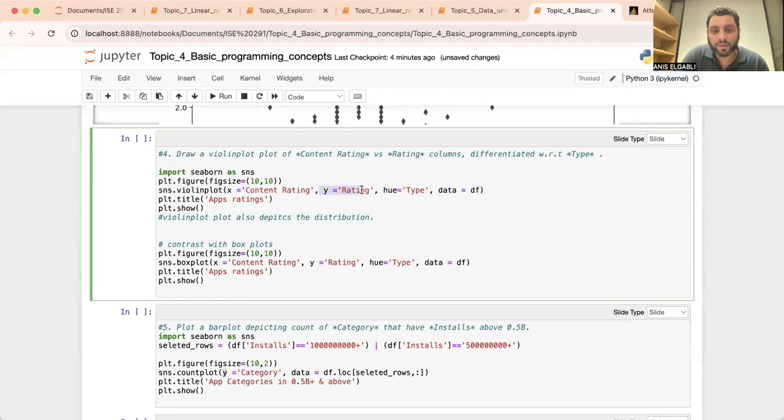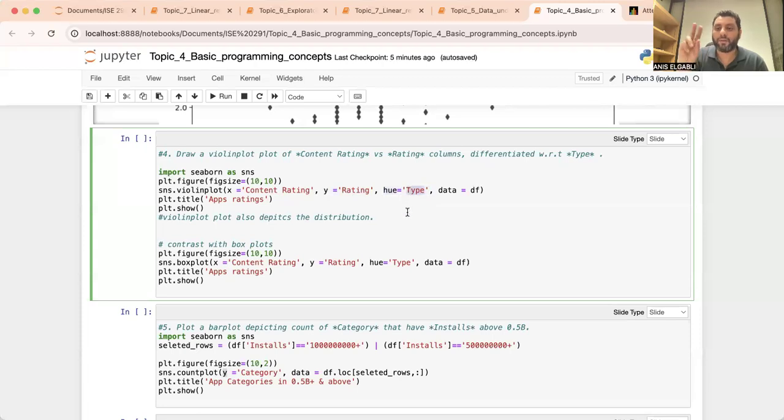Y plots the statistics of this numerical attribute. X-axis: we will have one statistical plot for each category of this categorical attribute. But on top of that, we have hue equal to type. So we will not have only one statistical plot per category. We will have as many as the number of different choices or categories for type.